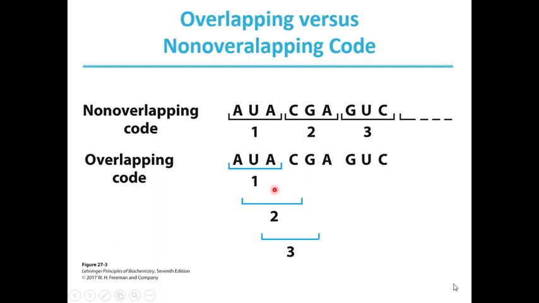3 codons. So if you take this particular nucleotide, it can be part of the first codon in the first reading frame, UAC, which is a codon in the second reading frame, or ACG, a codon in the third reading frame. In an overlapping code, the triplet sequence of the first codon limits the possible sequences for the second codon.